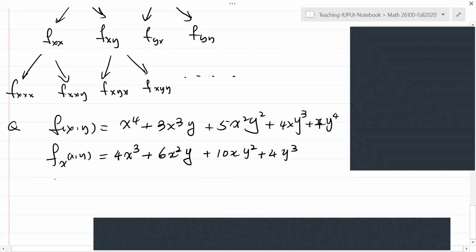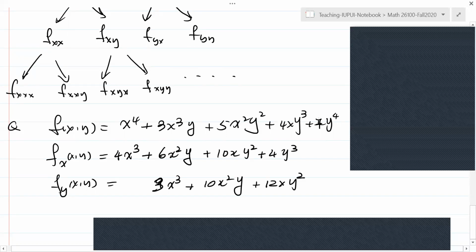Then let's take a look at fy, the partial derivative with respect to the y variable. The first term will be 0. The second term will be just 3x cubed. And this will be 10x squared y. That will be 12xy squared. The last term is 4 times 7, 28 y cubed. So that's again another polynomial. So let's continue.